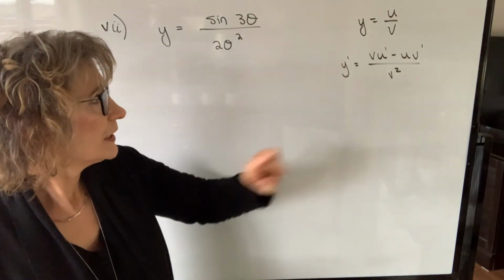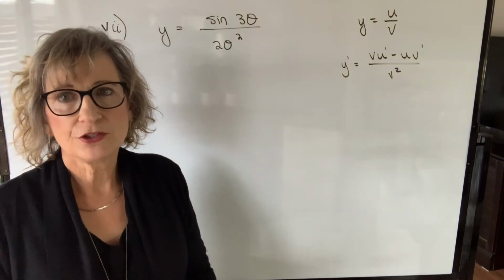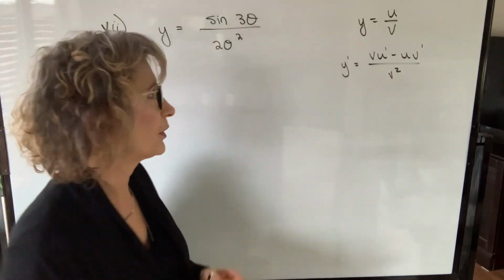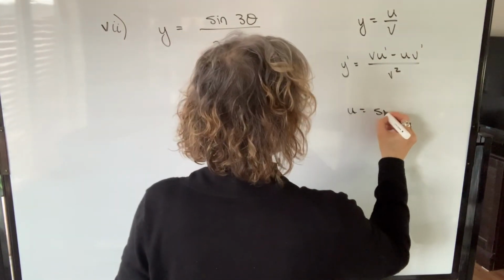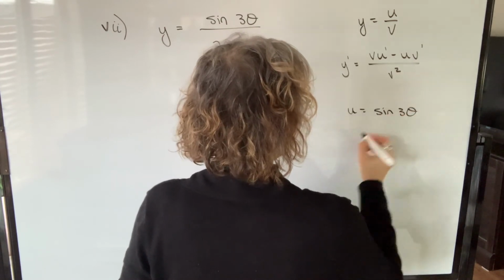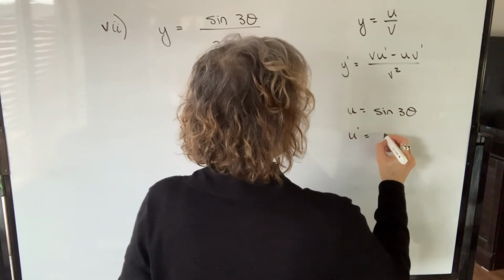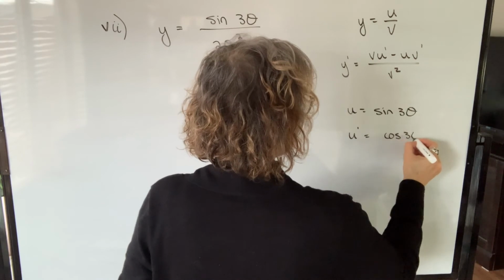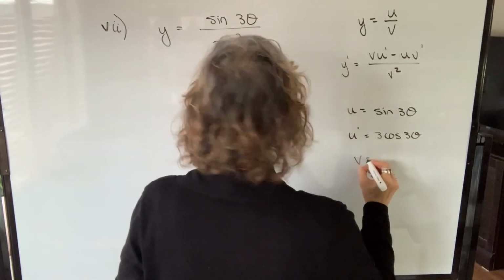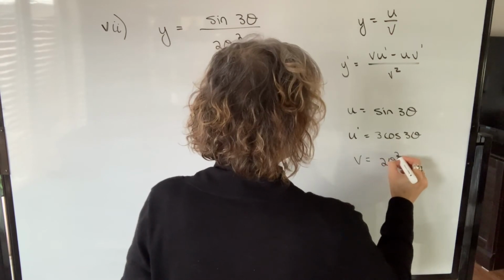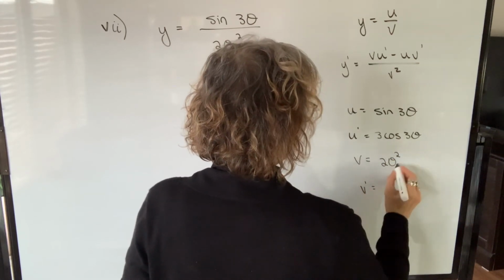And in order to use it, you need to identify the u, u prime, v, and v prime. So in this case, u would be the numerator, which is sine 3 theta. U prime will be cos of 3 theta times the derivative of 3 times theta, which would be 3. V is 2 theta squared, so v prime will be 4 theta.